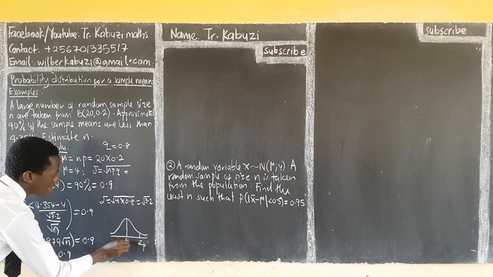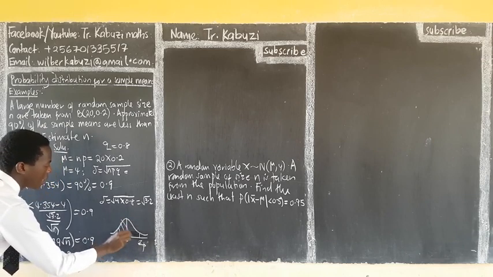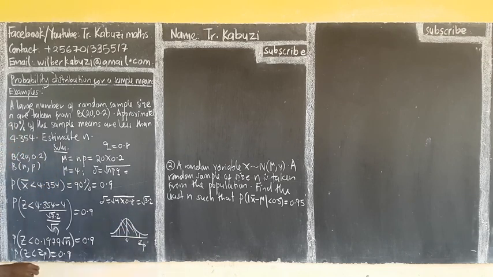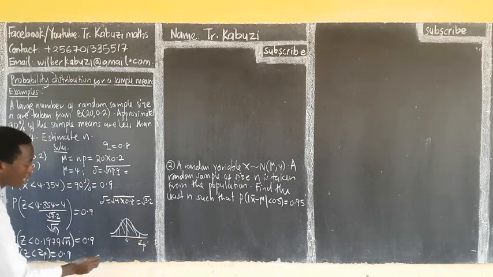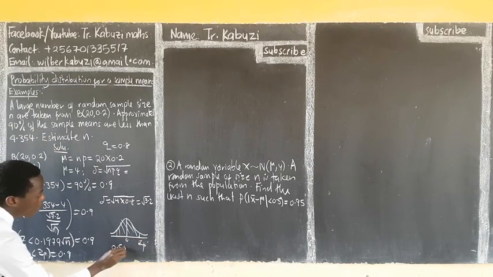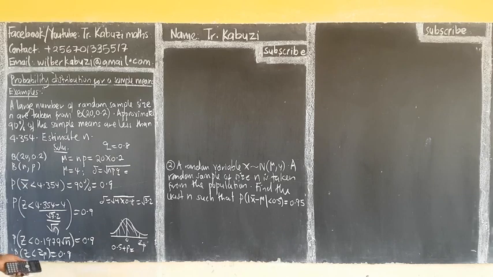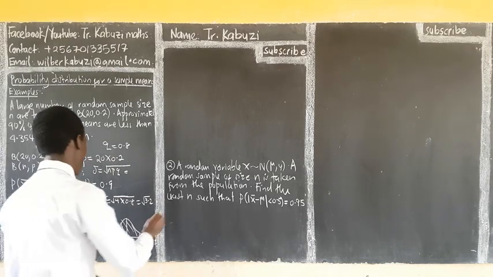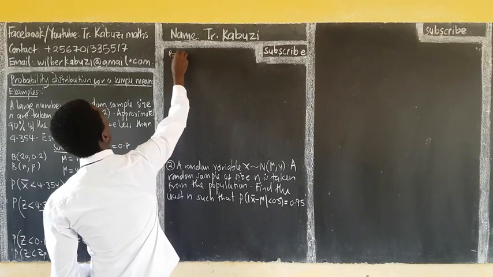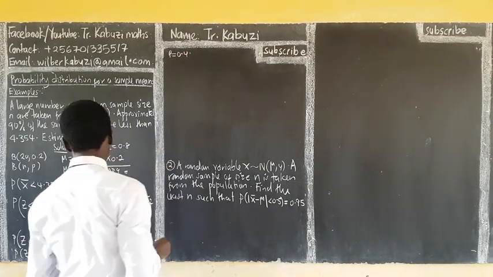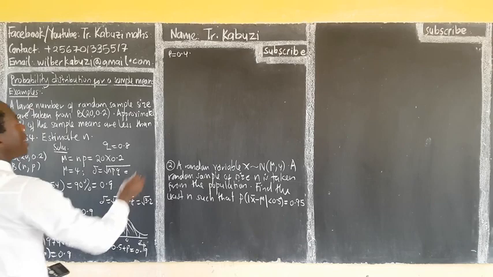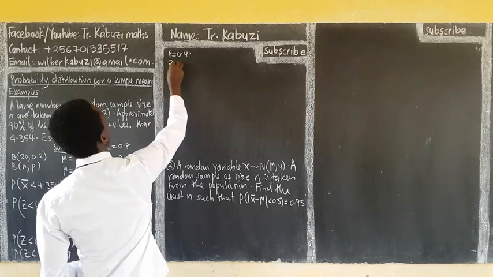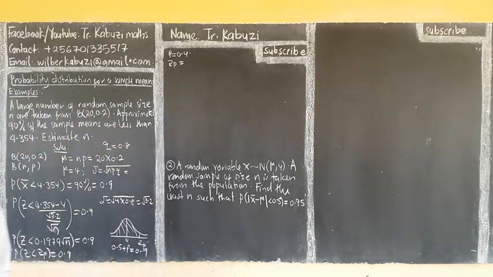This is the parameter they are giving us, and we need this z. The whole of this from here is 0.5 plus p, which will be equal to the probability of 0.9. So from there, my p is 0.4. After getting my p, I now get my z by going to the table and reading 0.4.